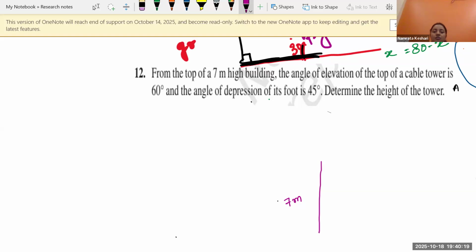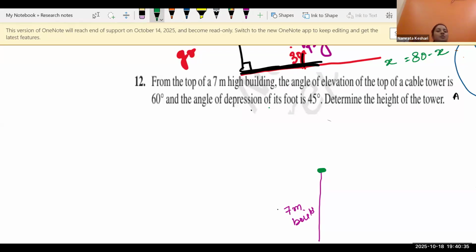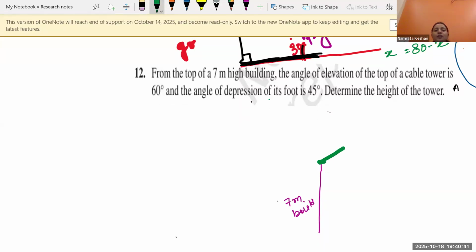degree. So from the top of the building, this is the building. From this top, angle of elevation is getting created. We know in first class we have discussed angle of elevation means something going up. So from here we must go up, then only angle of elevation can get created.